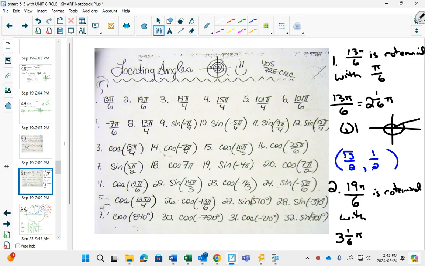And you see that that ends in quadrant 3, because 3 would be on the odd side, and 1/6 is less than half. It's going to end in quadrant 3. So what's your pi over 6 family member in quadrant 3? 7 pi over 6. So 19 pi over 6 ends in the same spot as 7 pi over 6.